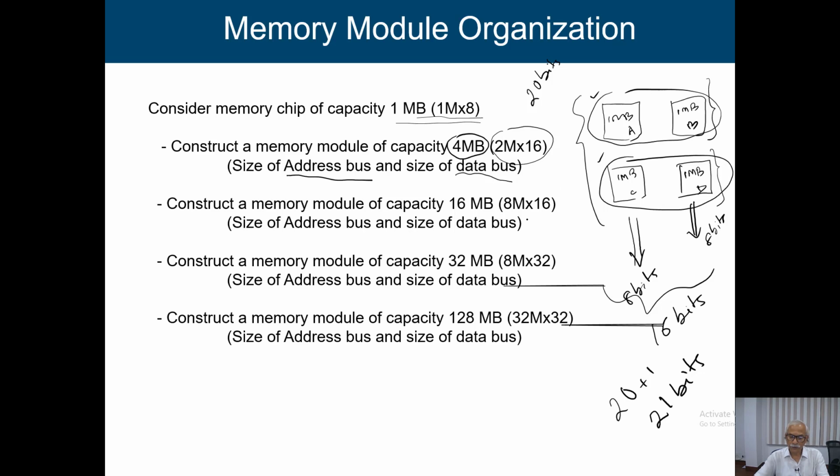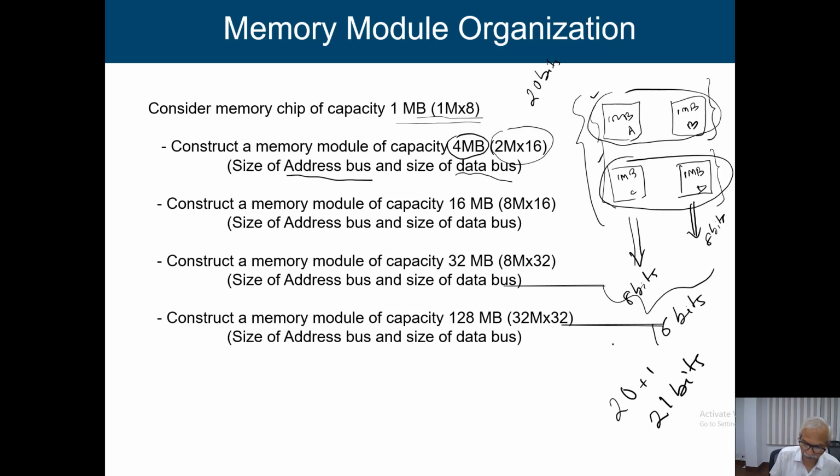So to get 8 megabyte, I have to combine 4 such arrangements. Then 2 mega will become 8 mega. So now we are going to get 4 combinations. In this case, I need 2 additional address lines to select any one of these 4.